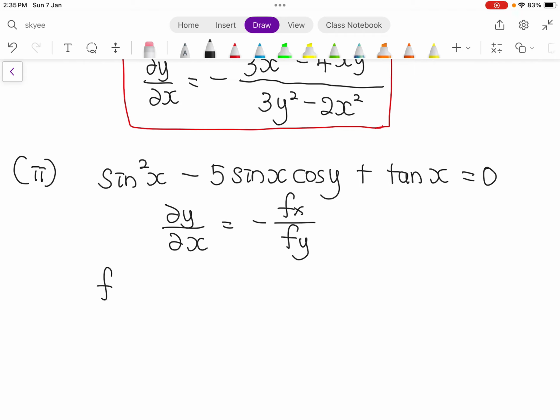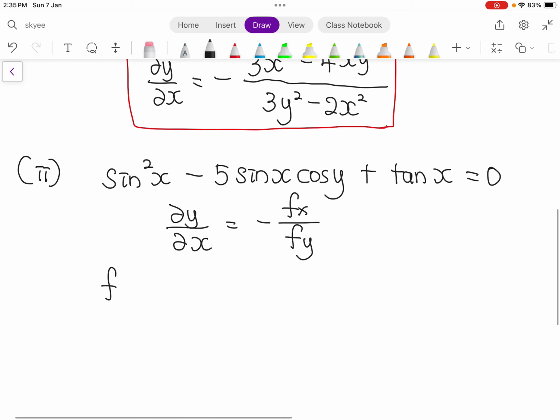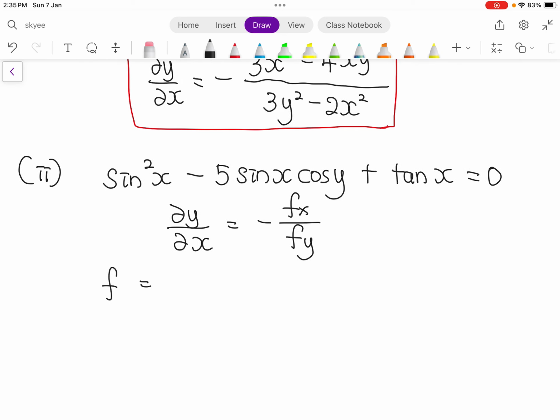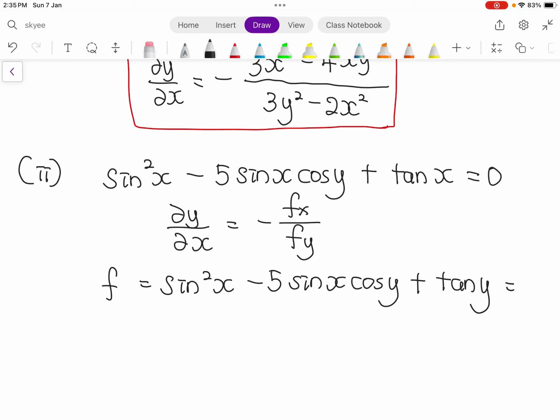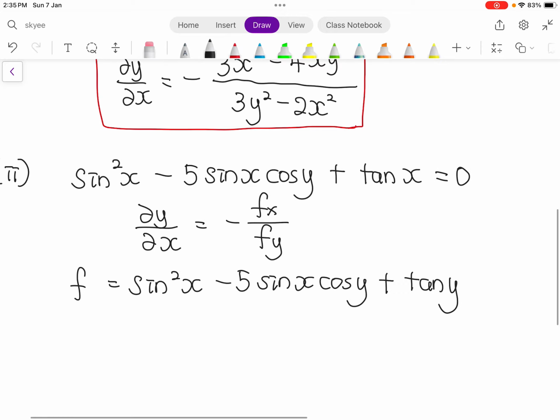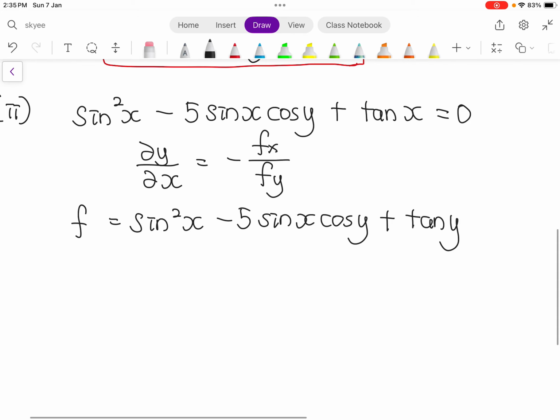So our f in this case will be sine square x minus 5 sine x cos y plus tangent y equals to 0. You see here we have the sine square x.